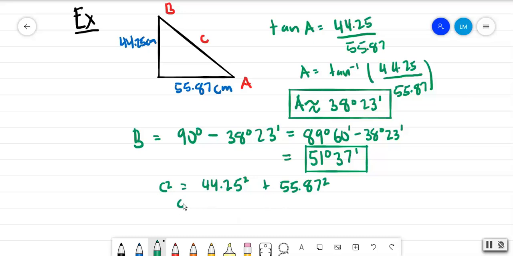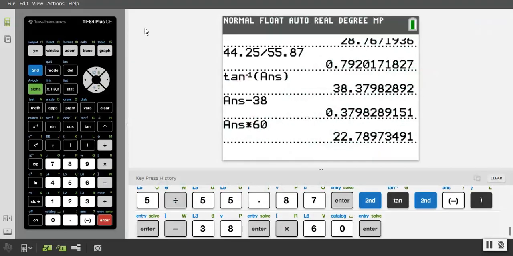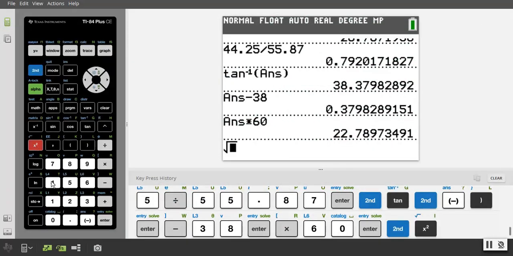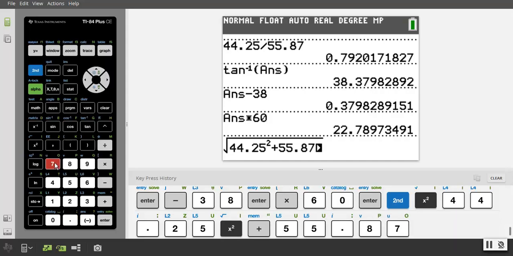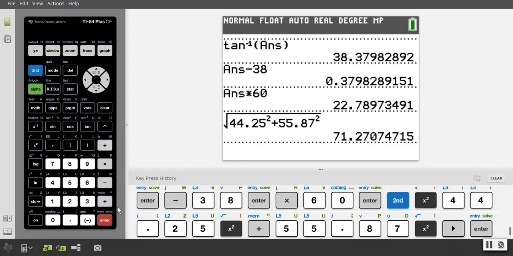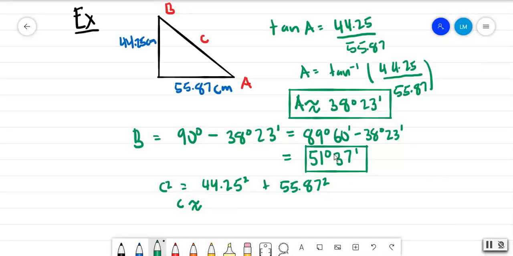Of course, you're going to have to take the square root, so we do the square root of 44.25 squared plus 55.87 squared, and hit enter. That's going to be 71.27 centimeters. So that's the side C.